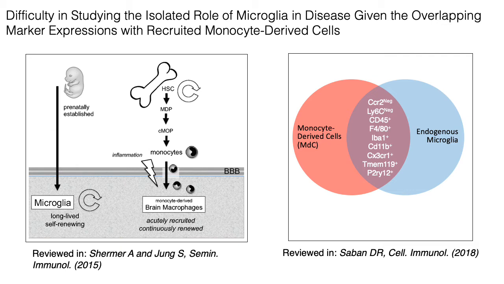And once they become macrophages, they are phenotypically indistinguishable from microglia. That is, their marker expressions very much overlap the microglia. Specifically, CCR2 gets downregulated, Ly6C, and then you get upregulation of macrophage markers such as F4/80 and IBA1, and the rest of this list.